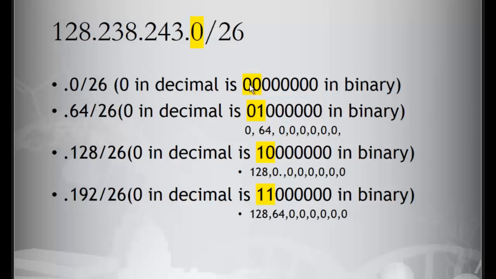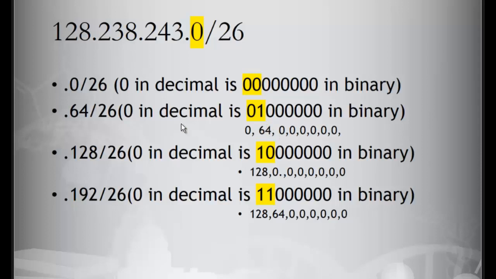These 2 bits can have 4 combinations: 00, 01, 10, 11. If it's 00, that's all zeros, so the subnet is 0. Another group is 01, so here the second position is set, which is 64, and then the rest are zeros.